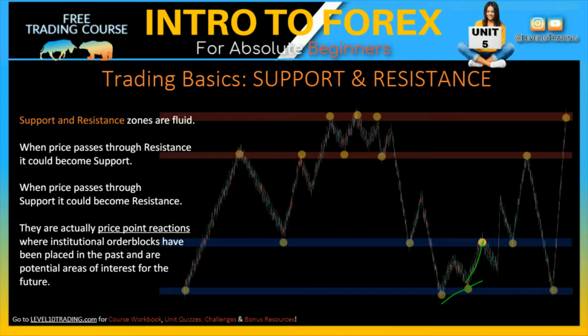Price comes back up, hits this zone that was originally support, was support here, but now look, price comes up and it acts as a resistance level. So now this support zone becomes an area of resistance that price couldn't push past, and so price comes down.